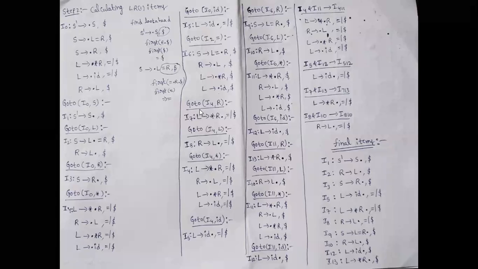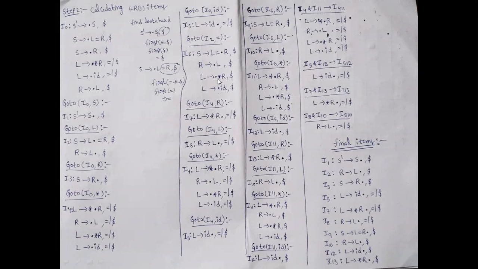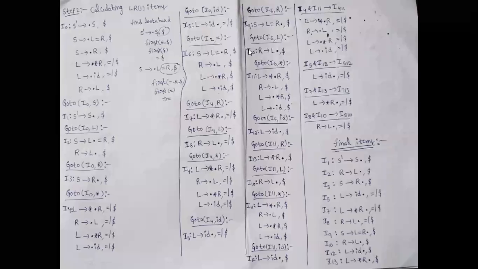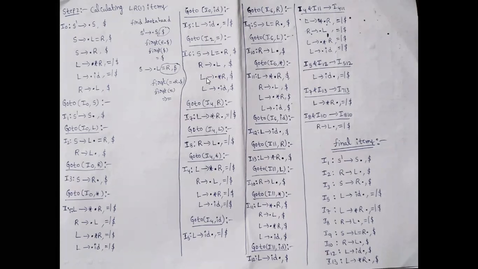Then go to of I6 comma star. The production becomes L produces star dot R comma dollar.